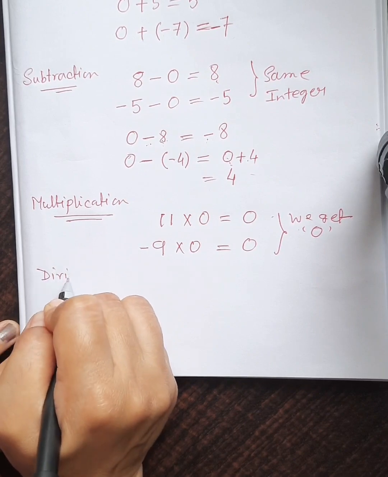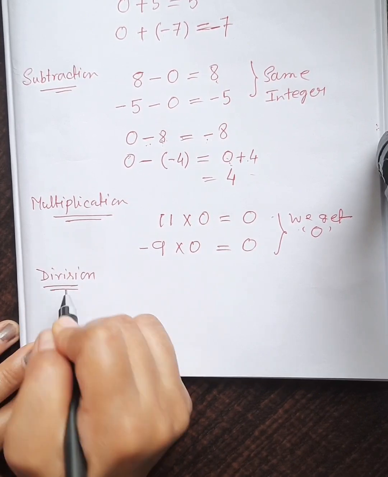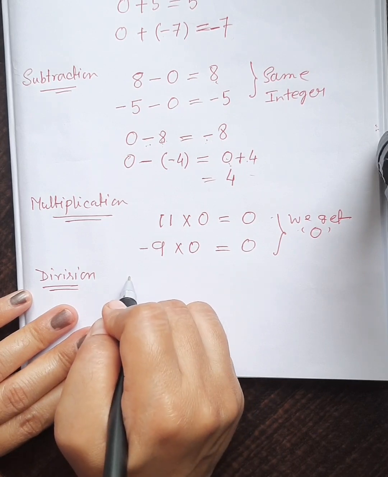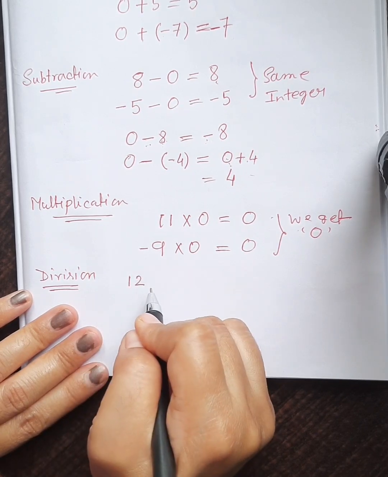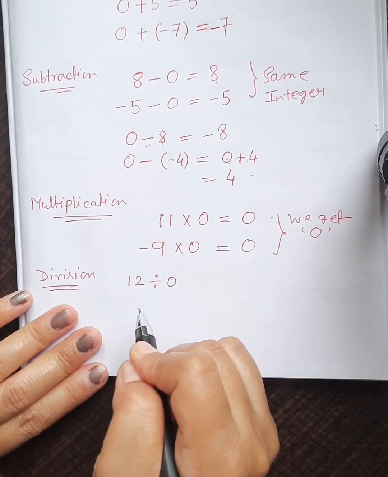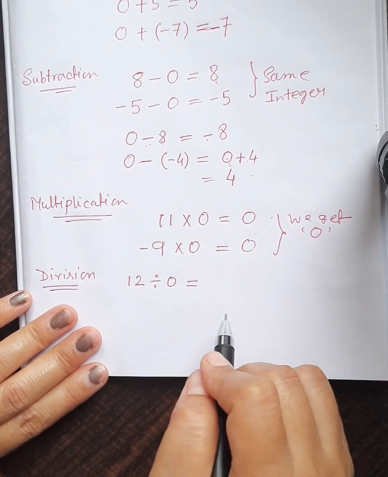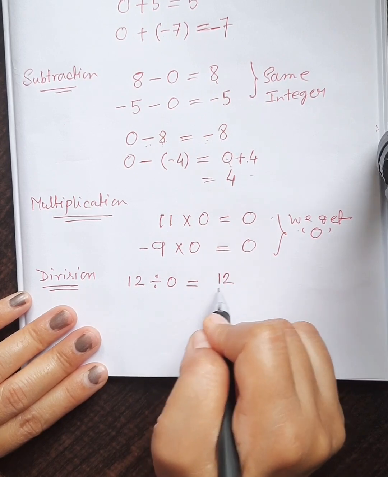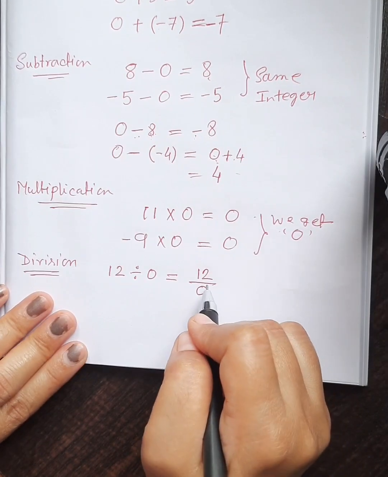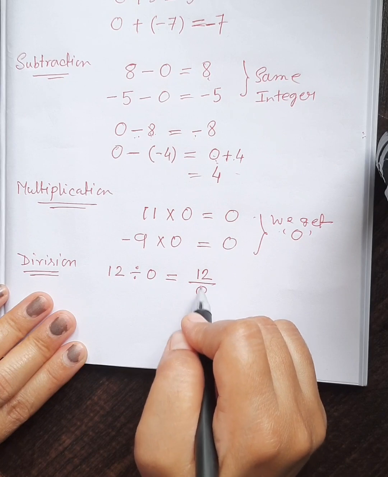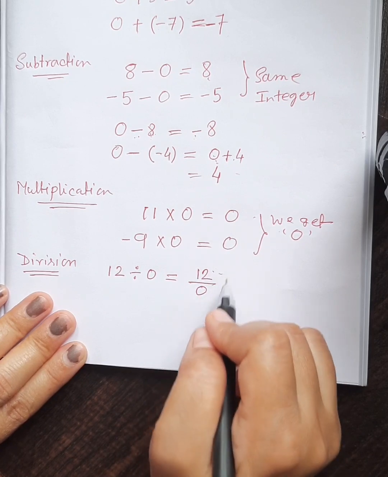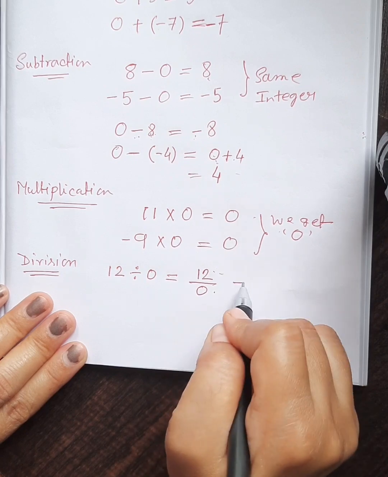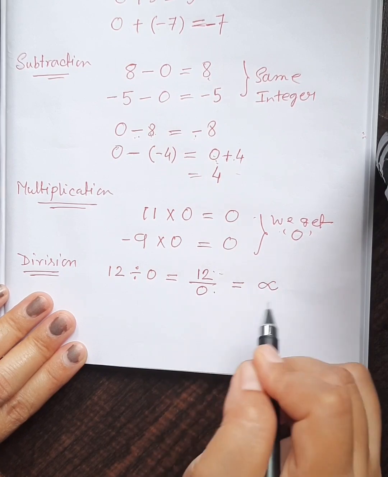Division. Now see, in division, suppose 12 divided by 0, then which number do we get? We cannot define. When this is in fraction form, we know numerator and denominator. When the denominator is 0, the result is infinity.